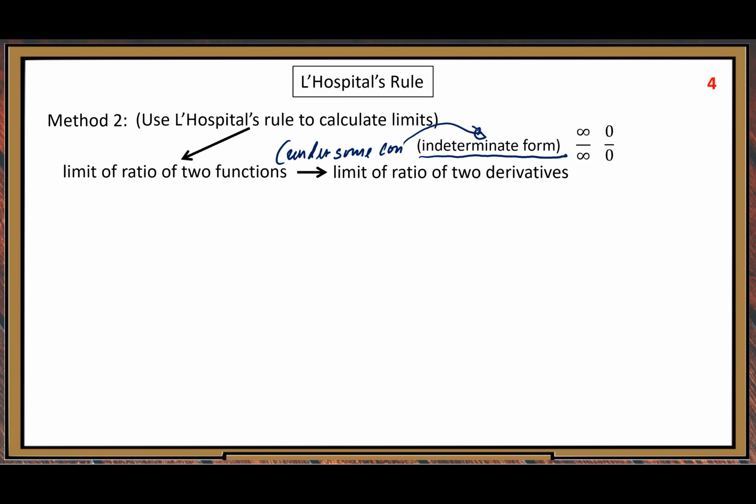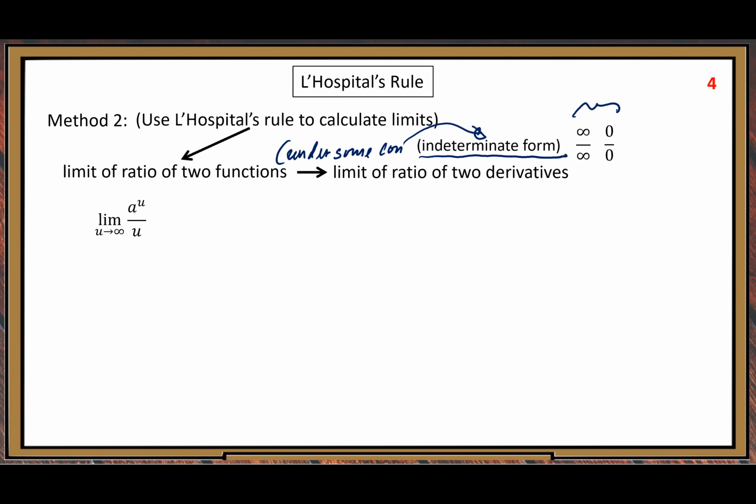The second is 0 over 0. Here we are talking about form. Do not treat these two things as numbers. They are not numbers; they are special forms. Let us check the current form we are considering: A to the u over u. Is it an indeterminate form?